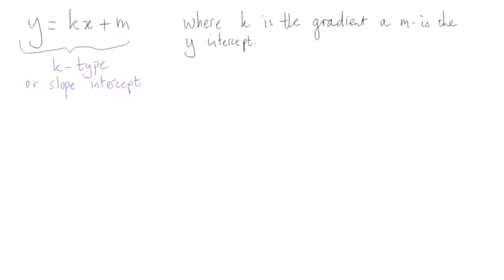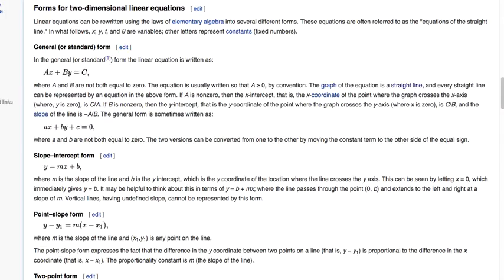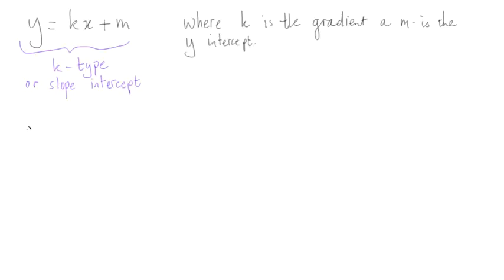However, there are two other types of the equation of the straight line which you should know about, and one is this, which is called the general or standard form.